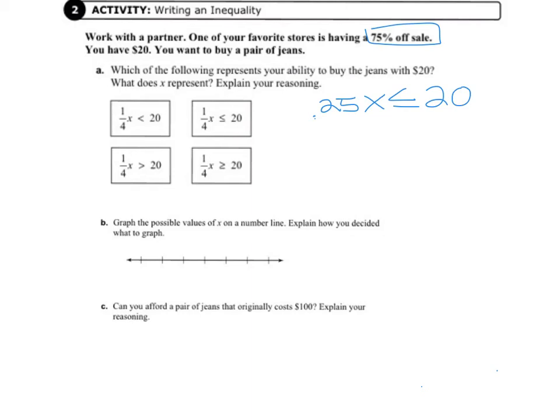That's how much we can afford to spend. And we can look at our choices over here of inequalities and see that 25% written as a decimal is the same as 1/4. So this would be our inequality. And then it says, what does the x represent? And the x equals the price of the jeans that we can afford.